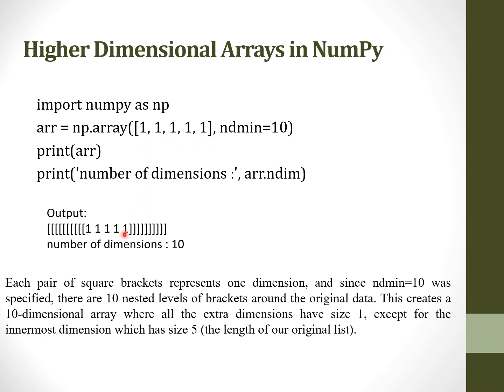If you print and see, you can see 10 square brackets here. This denotes that it is a 10 dimensional array. All these brackets are nested one within the other. This is how you create a higher dimensional array using NumPy.